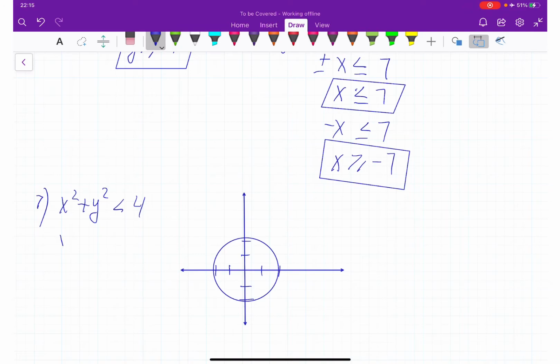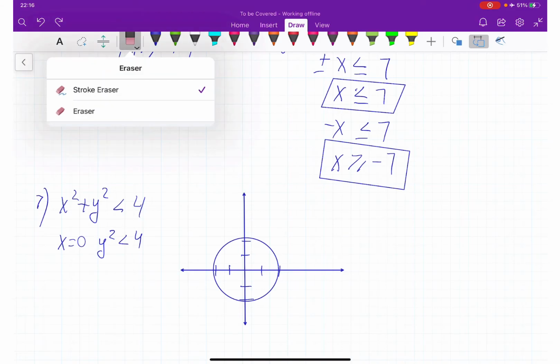The equal sign is missing, so let's use dashes. This way I can go with dashes, and my circle has to be dashed because the equal sign is missing, right?